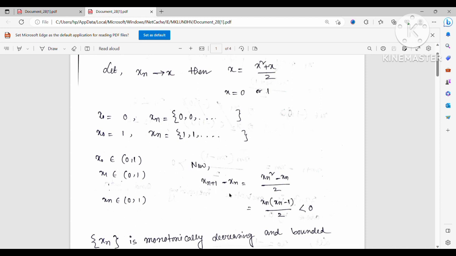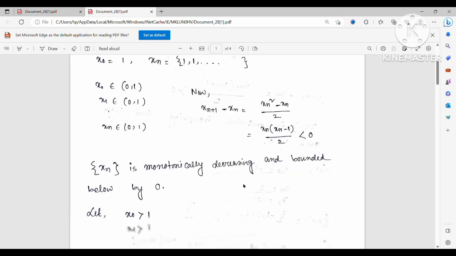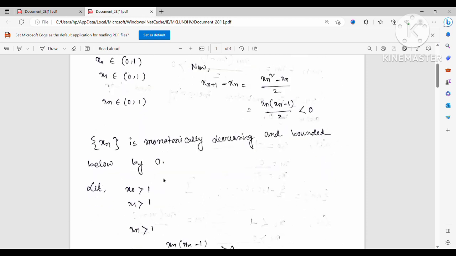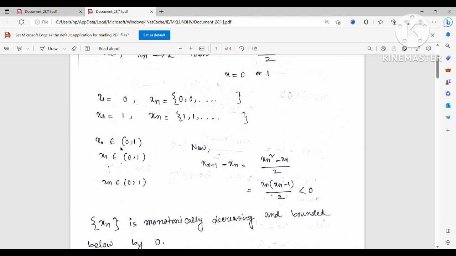Hence xn plus 1 is less than xn for every n when x0 belongs to 0, 1. So when x0 belongs to the open interval 0, 1, xn is monotonically decreasing, and also xn is bounded below by 0. Then by the monotone convergence theorem, xn is convergent.